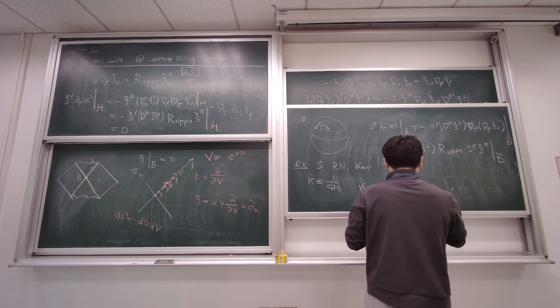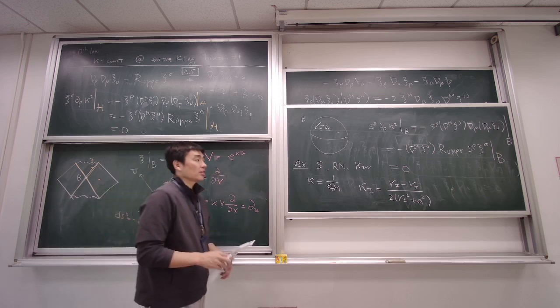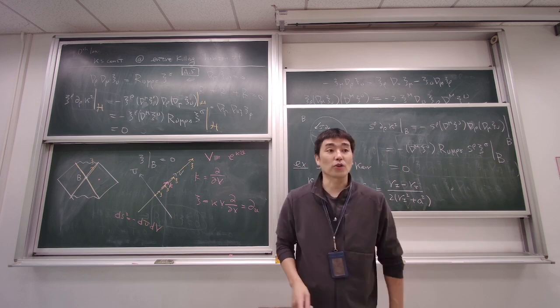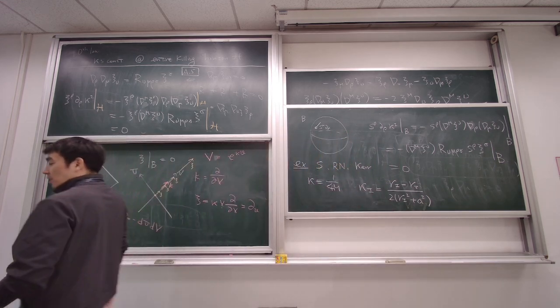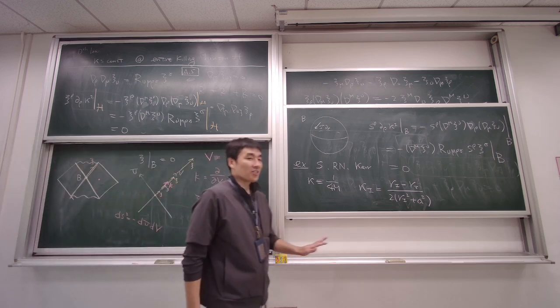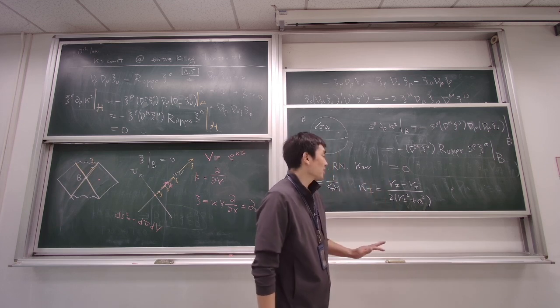Okay, so that's the case. And most likely, in the case of the Reissner-Nordström, a is just replaced by capital Q. So the important thing is that it's constant everywhere along the horizon.